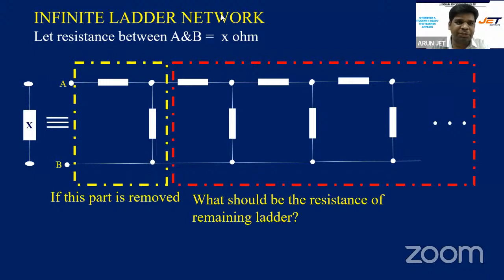What do you think the resistance should be, students? Think and tell me. If the total between A and B is X and I remove the first unit, which is one ohm and another 1 ohm, if I just remove the yellow box unit, the red box remains. What will be the resistance of that red box? Students, are you able to hear me?